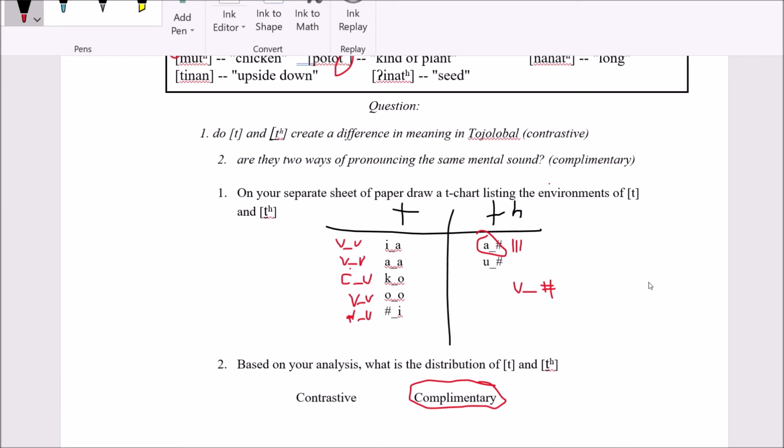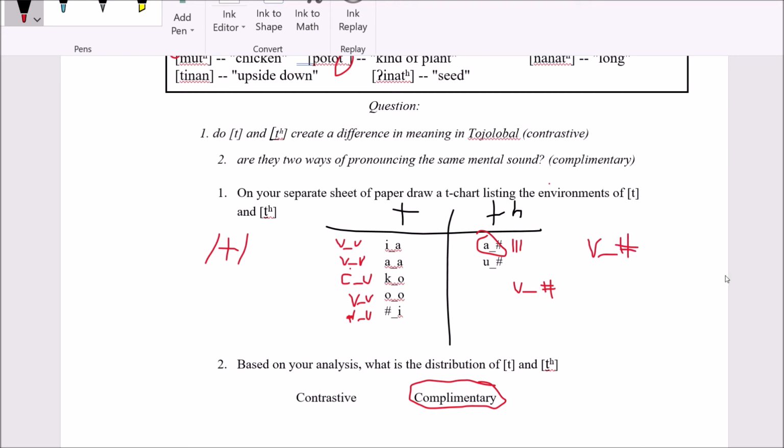Just like with that, in this case, we see t appear in all kinds of environments: between 2 vowels, consonant and a vowel, word boundary and a vowel. So we know that based on our data, at least, t is going to be the phoneme, and that this one always appears consistently in that same environment of between a vowel and the end of a word.